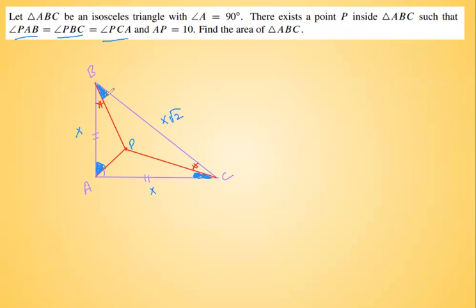Now we know the red angle and blue angle sum to 45. At the same time, this is red and this is blue, which is why this angle right here, maybe I should use a different color, is 135 degrees.